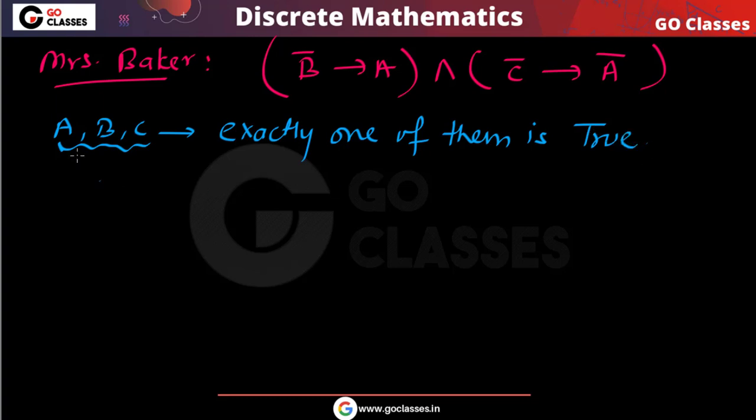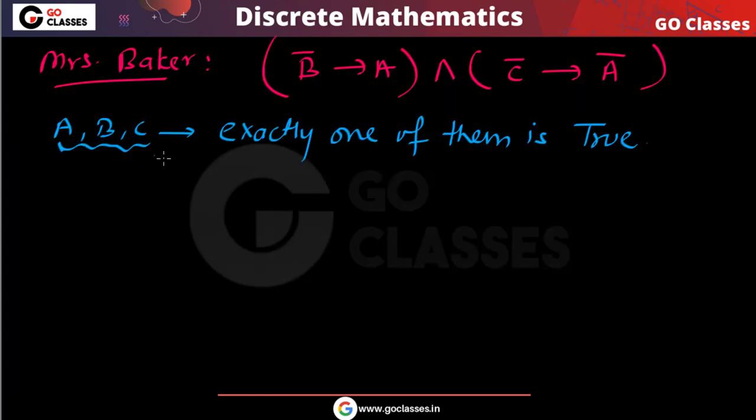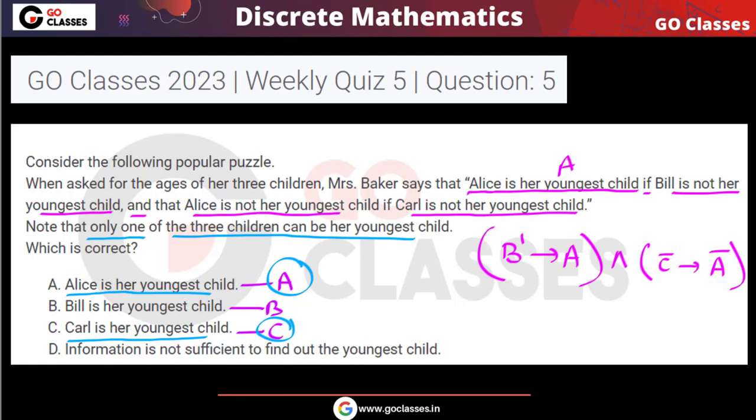Remember, A, B, C are propositional variables. A is the propositional variable for the statement that Alice is youngest child. C is the propositional variable for the statement Carl is youngest child. Similarly, B is the propositional variable for the statement that Bill is youngest child. So you can clearly see that the question is saying that exactly one of them is the youngest child.